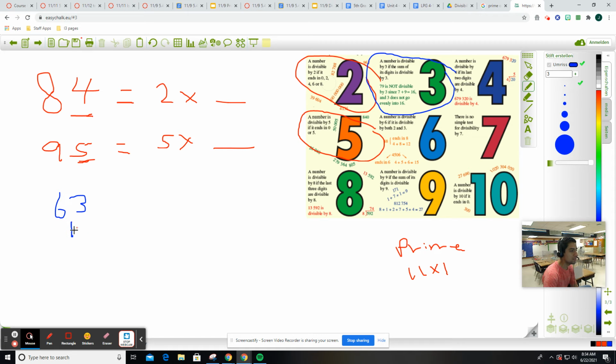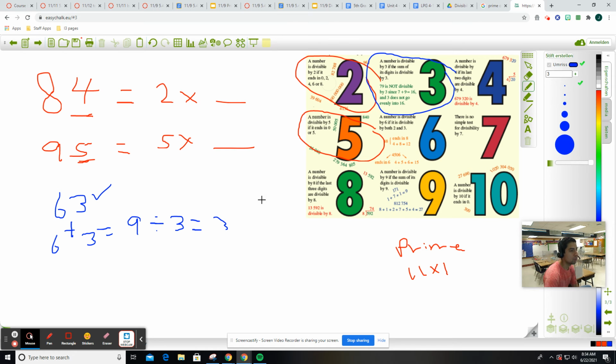So if I add 6 plus 3, that will give me 9, right? So the sum of these two is 9. I'm going to determine if I can divide 9 by 3. Well, yeah, 9 divided by 3 is 3. So this is a composite number.